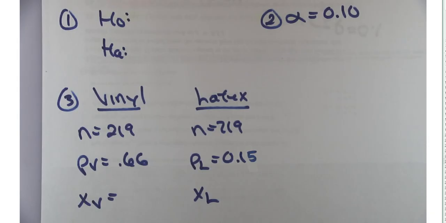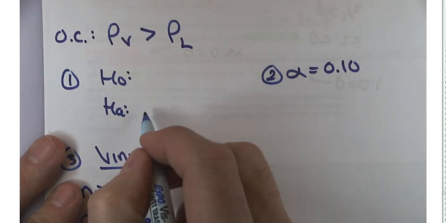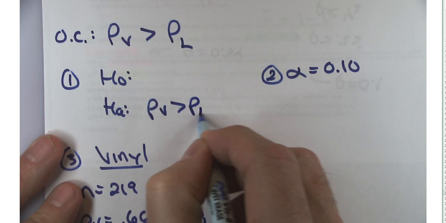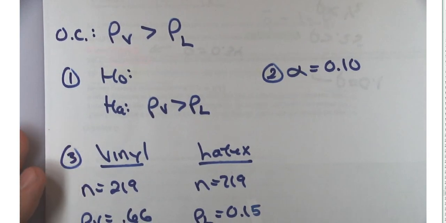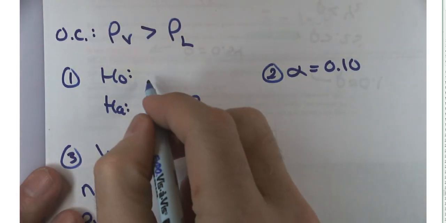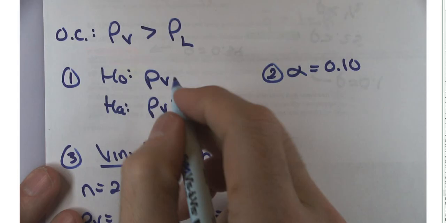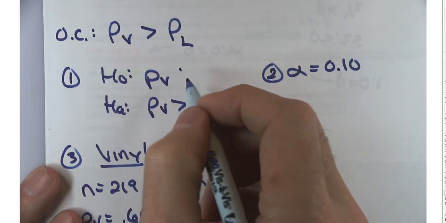Hattie, what do you think H0 and HA are going to be? Yep, HA is going to be the original claim because it doesn't contain the possibility of equality. So that's our original claim. What's going to go in H0? Right.